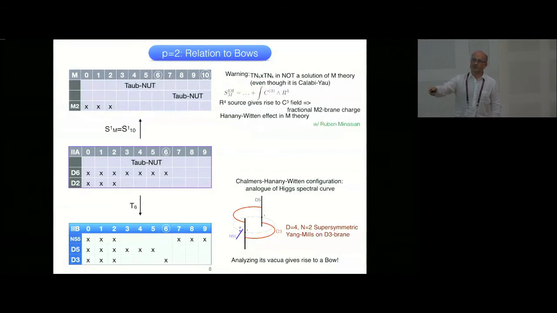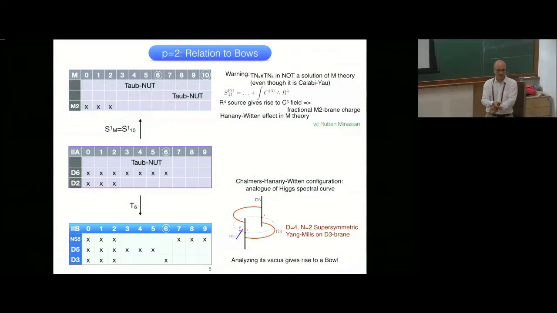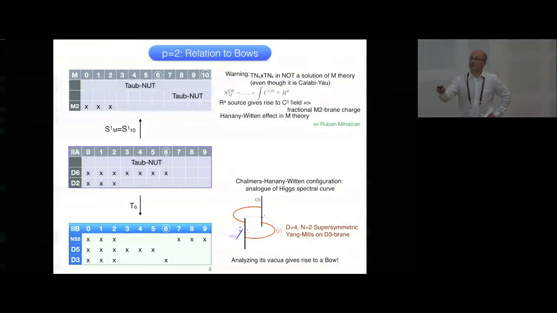So what's interesting to me about this configuration is, first, when you look at it, this is Calabi-Yau, this is Calabi-Yau. You take their product, it looks like you have a good M theory compactification. Well, apparently not. This is not a solution of M theory. And it has to do with the fact that the M theory action contains this term, R to the 4th times a wedge 3-form.